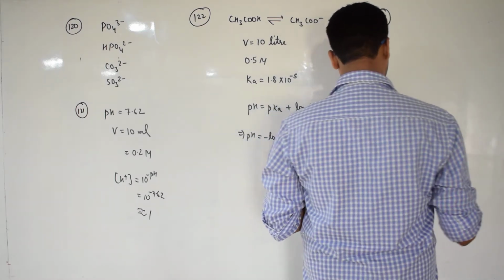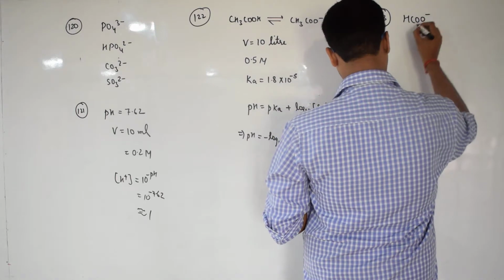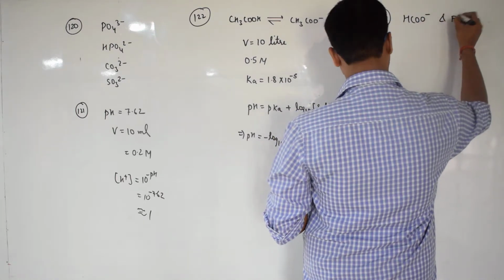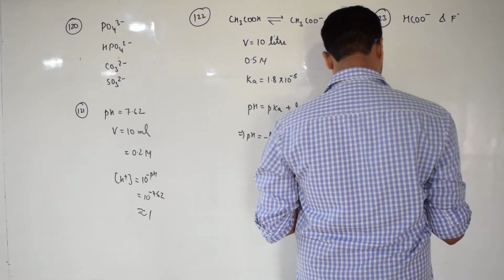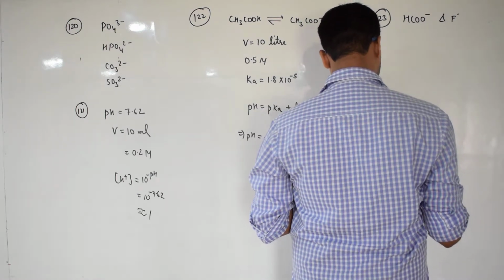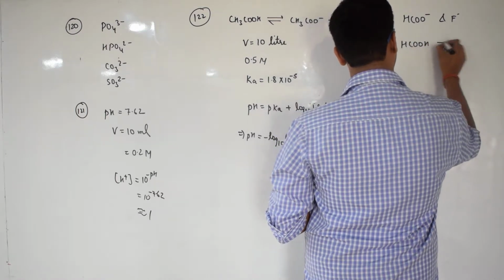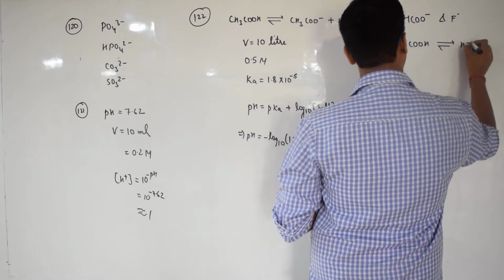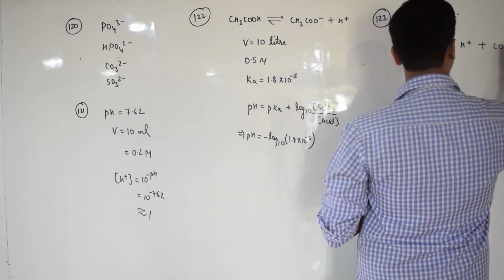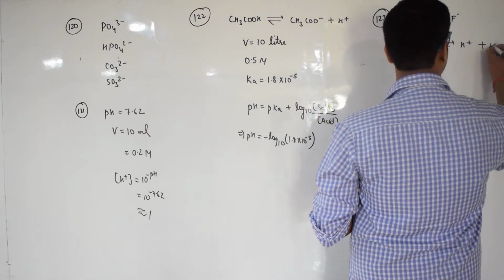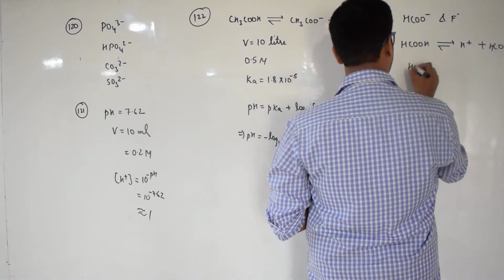Calculate the ratio of and fluoride ion. This can be distributed as H plus ion and carboxylate ion, bicarboxylate ion, and HF.